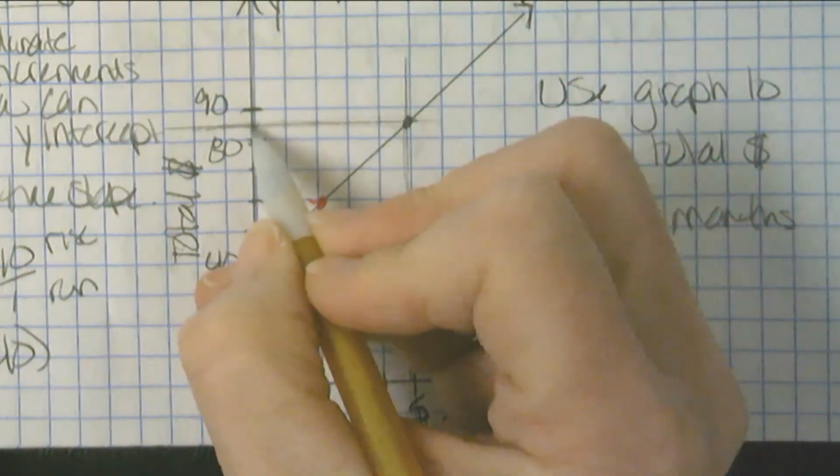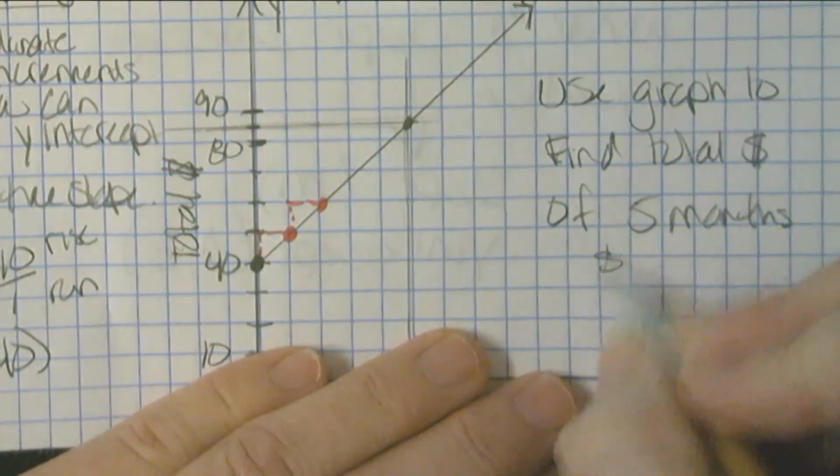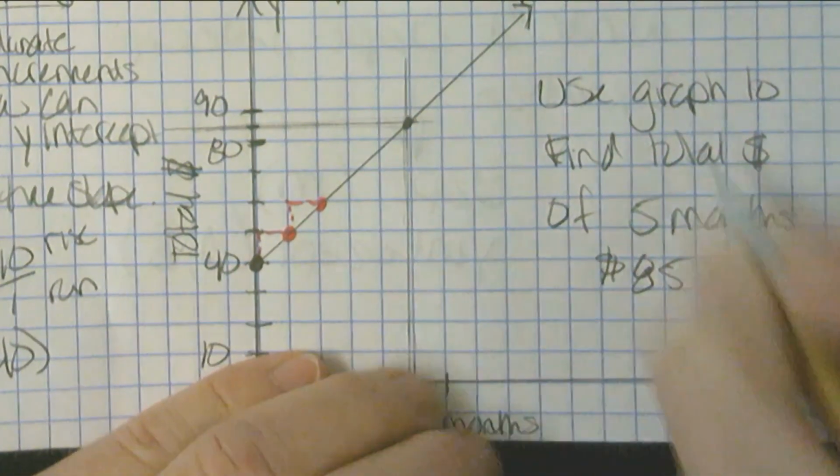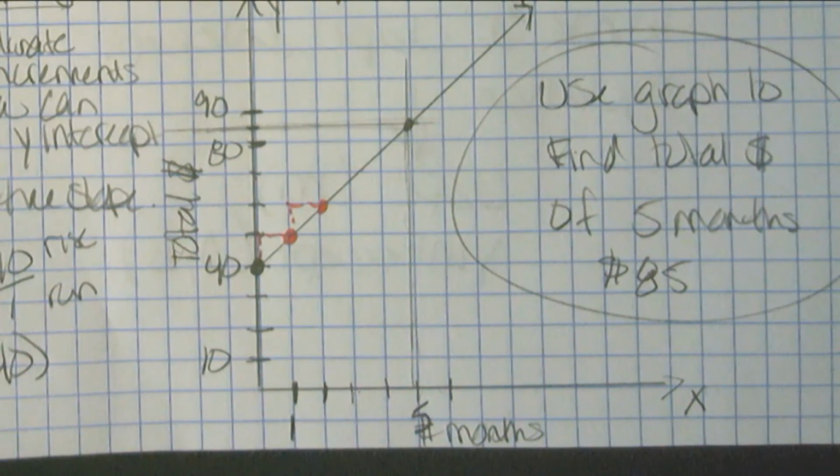So, what would this approximately be? 85. I would say about $85. That's how you would use that graph. So if you were somebody looking to convince your parents that you could afford to do this, the total cost after going to college, and you've got however much money to spend on it, you could use this graph and figure out how many months you can afford. All right, you guys can go.